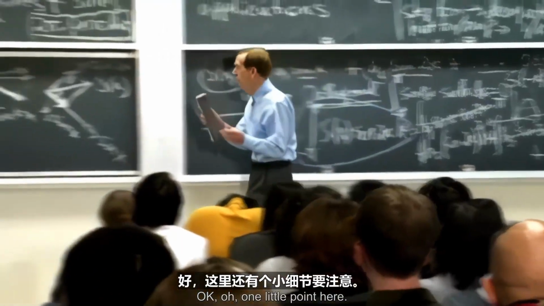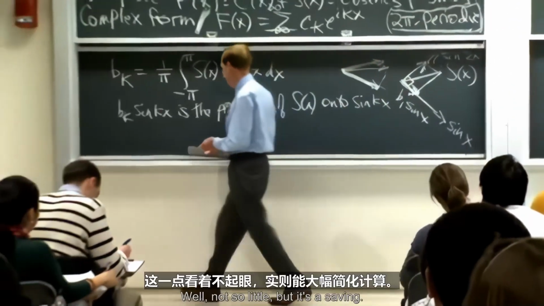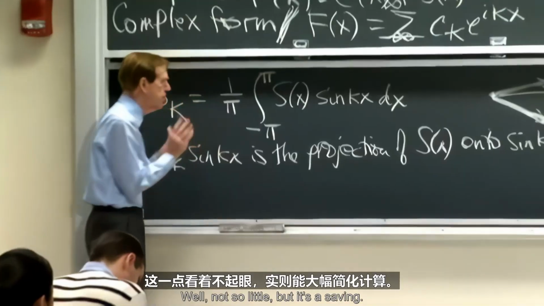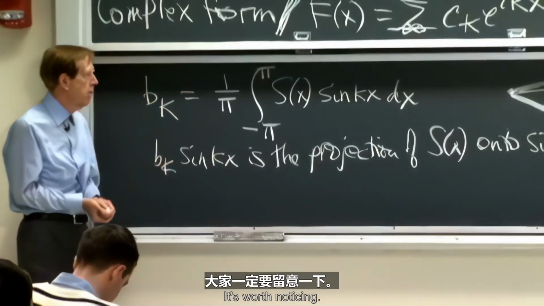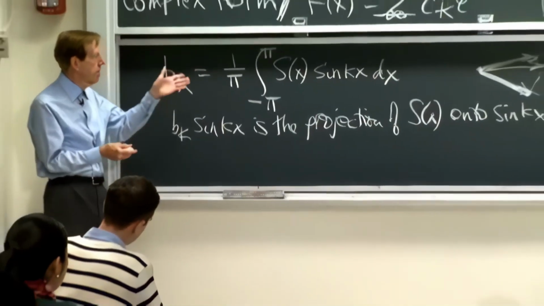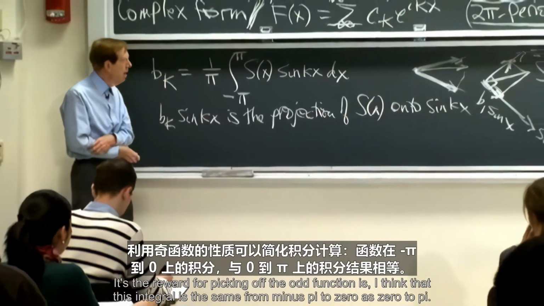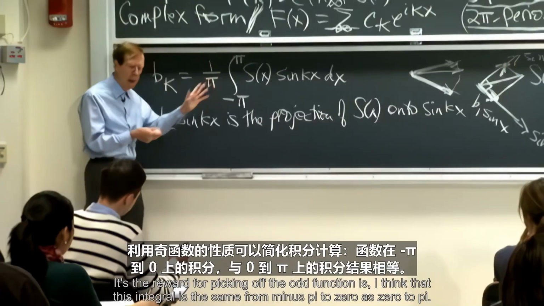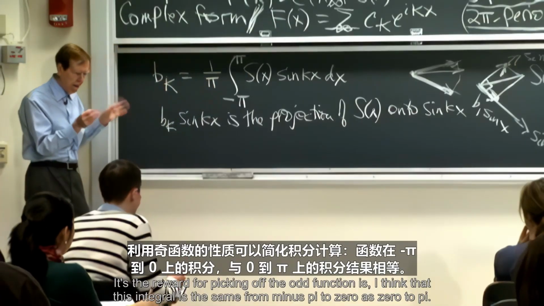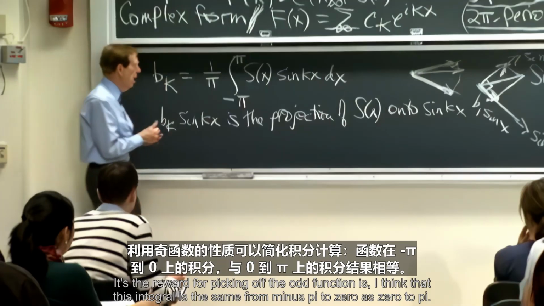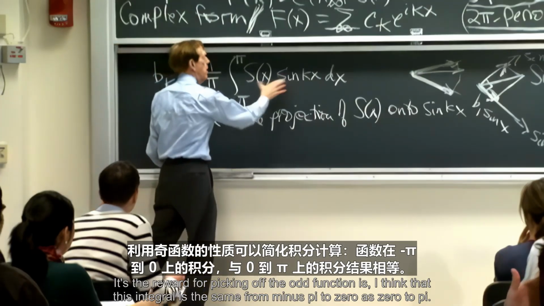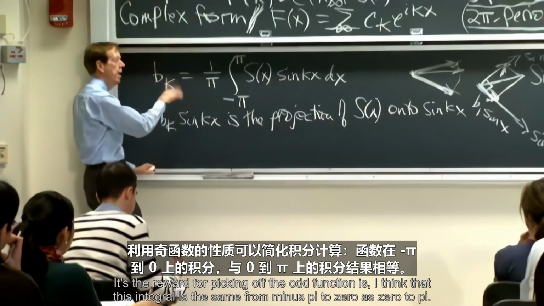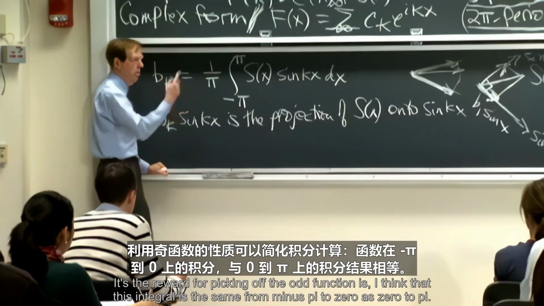Oh, one little point here. Well, not so little, but it's a saving. It's worth noticing. The reward for picking an odd function is that I think this integral is the same from minus pi to 0 as 0 to pi.